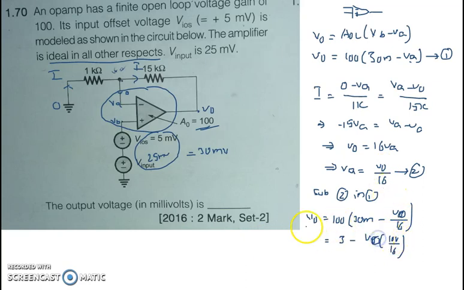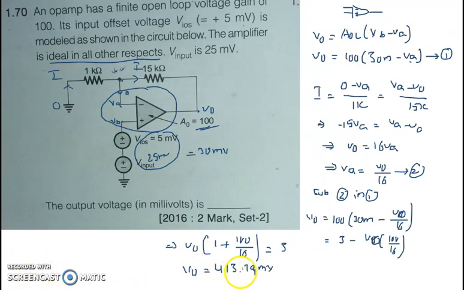If I bring this V0 to the left side, V0 times (1 plus 100 by 16) becomes equal to 3. If I simplify this expression, then my V0 becomes equal to 413.79 millivolts.